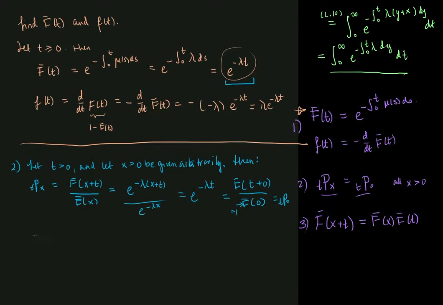So in conclusion, since x was chosen arbitrarily, tpx is equal to tp0 for all x greater than 0, hence is independent of x.